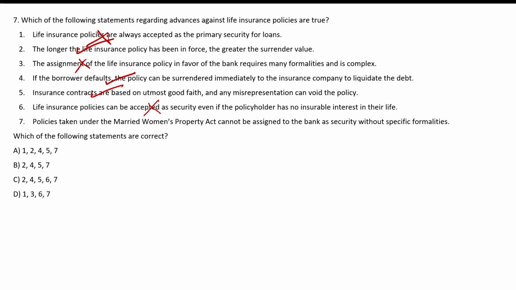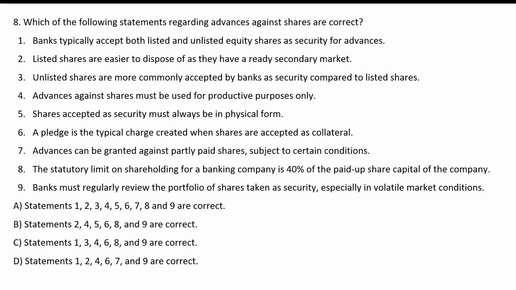They should have insurable interest and that's why this statement is not correct. Policies taken under the Married Women's Property Act cannot be assigned to the bank as security without specific formalities. So this statement is also correct. So 2, 4, 5 and 7. Option B is the correct answer for this question.